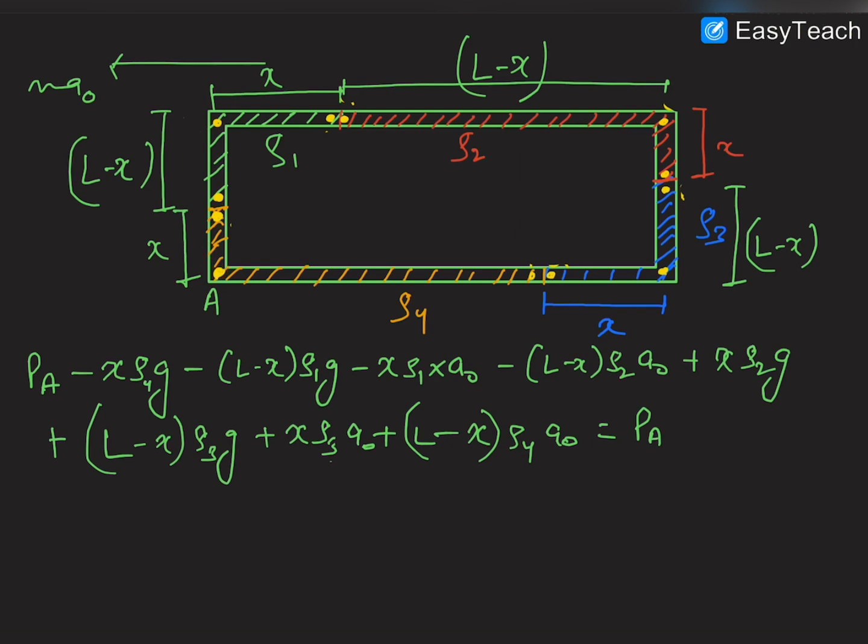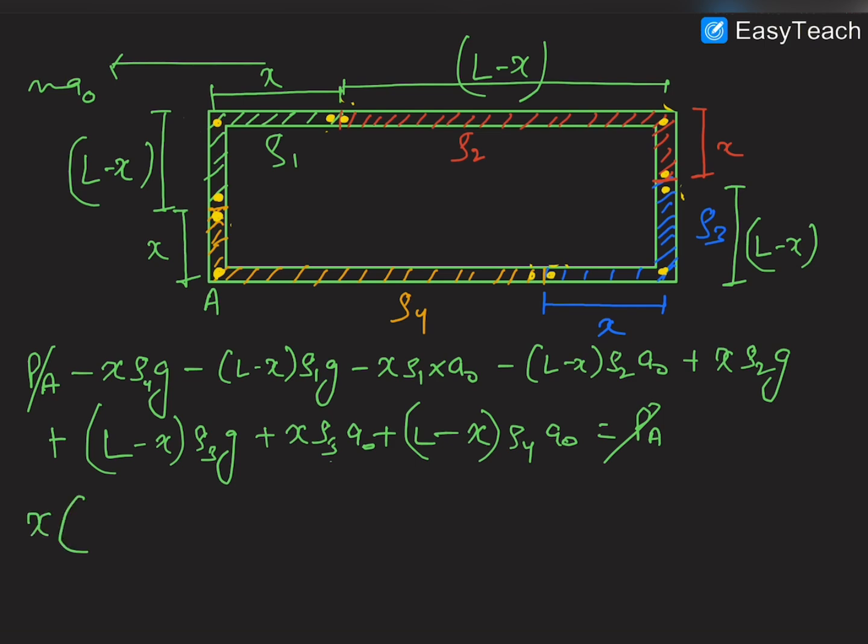So let us cancel out PA with PA, and let us separate the terms of X. What I am doing is writing down the terms of X at the left hand side of the equation and terms of L at the right hand side of the equation. So you can see that X will be common.